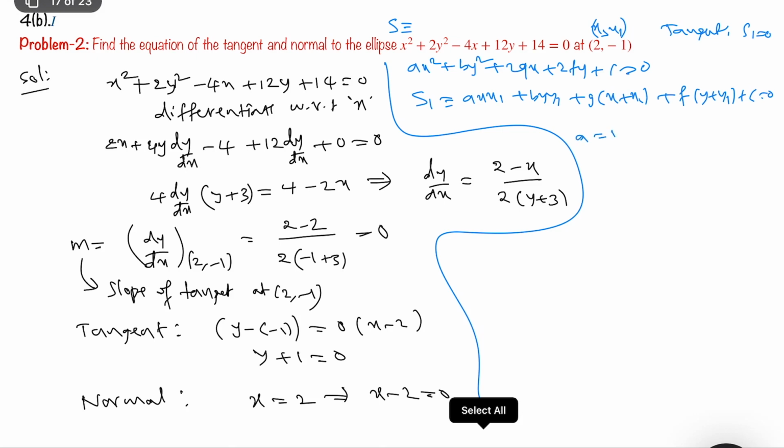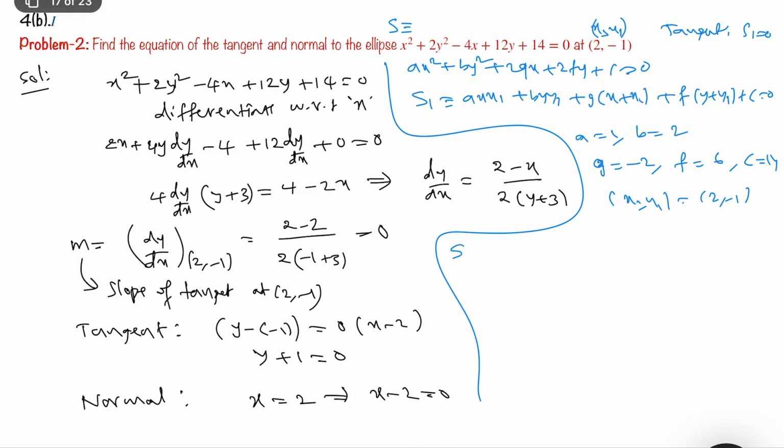So what is a here? Here a = 1, b = 2, g = -2, f = 6, c = 14, and (x1, y1) is (2, -1). Let's see.